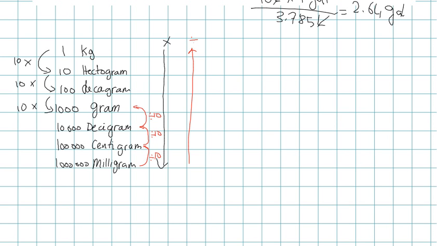So if you're going from grams to kilograms, you divide by 1,000 because you take 3 steps. This is how you read that little table at the bottom. Are you guys okay with that?